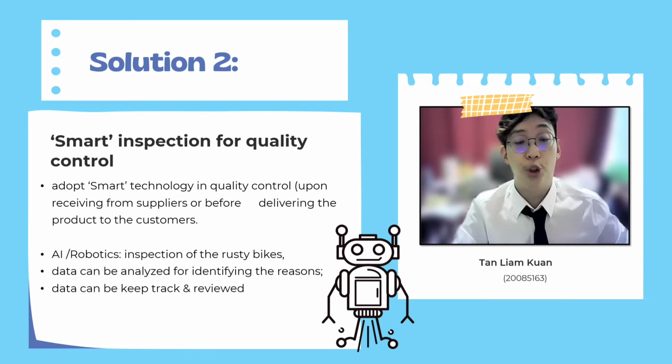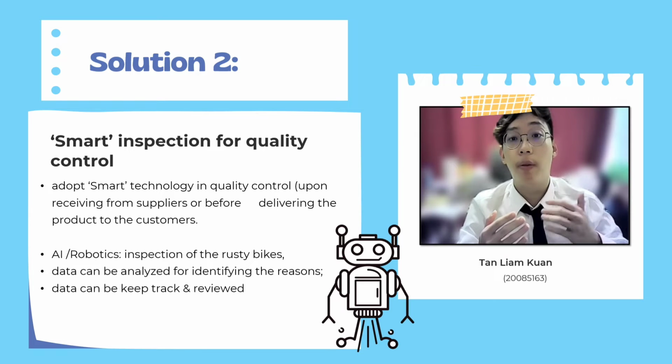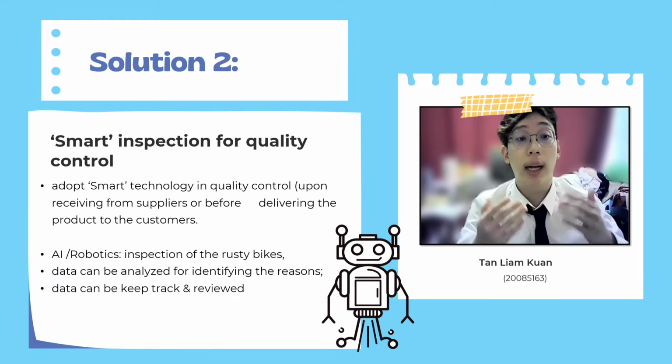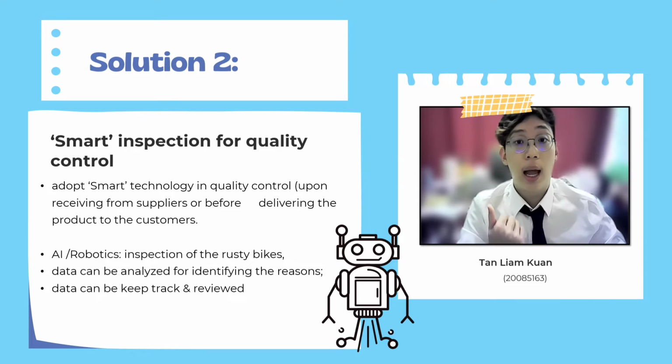The second solution suggested for Peloton is to adopt smart technology in quality control, such as in the inspection process upon receiving from suppliers or before delivering the product to the customers. Smart technology includes artificial intelligence, robotics, and big data analytics.